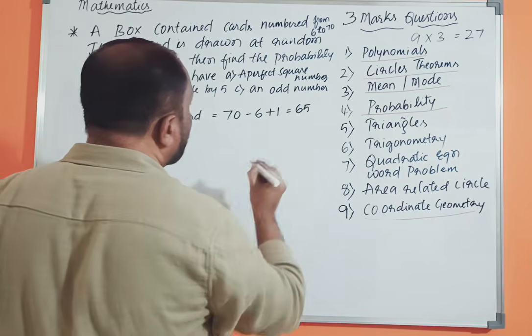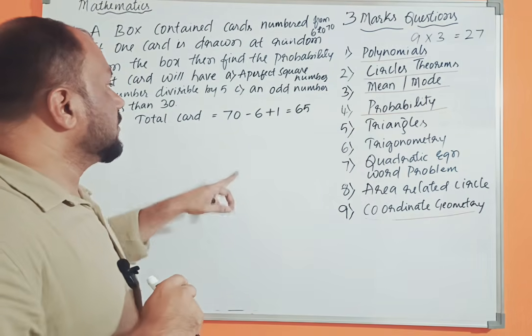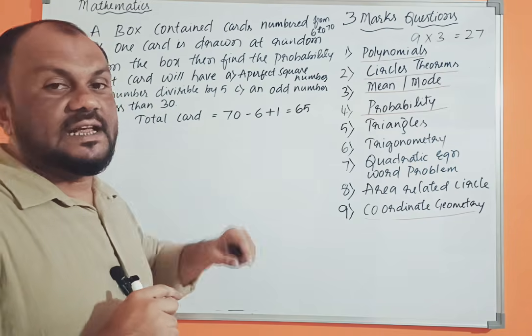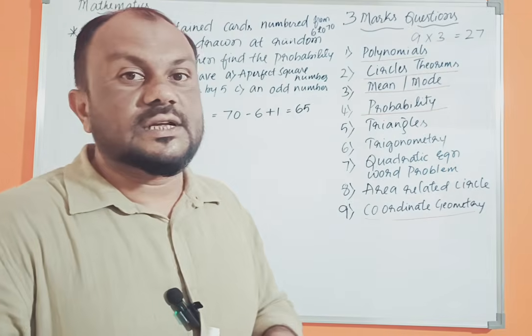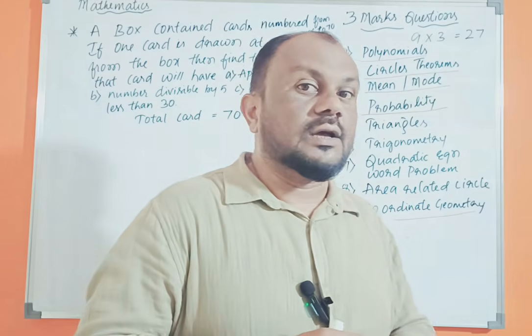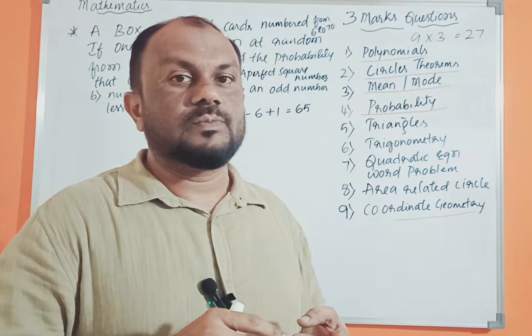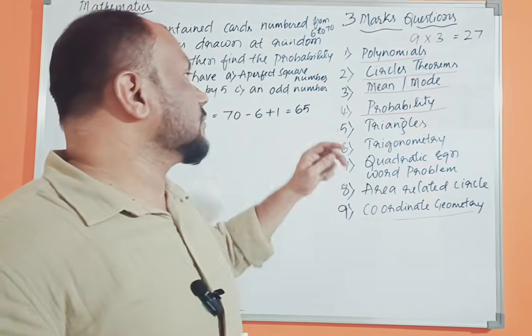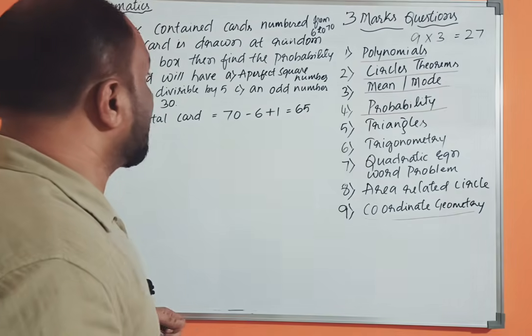There are 65 cards in total. Normally the mistake we make is to do 70 minus 6 and get 64, and consider 64 as the total number of cards. That is wrong. There are 65 cards, because we have to count 6 also. So the total number of cards is 65. Now let us start answering one by one.